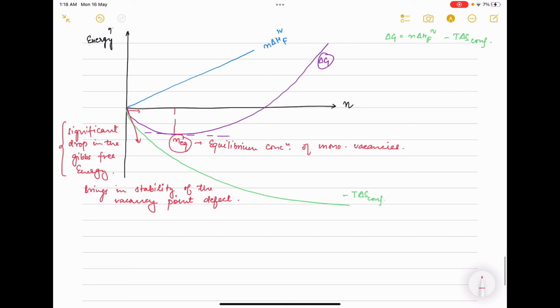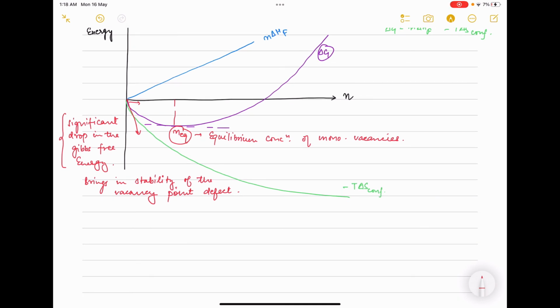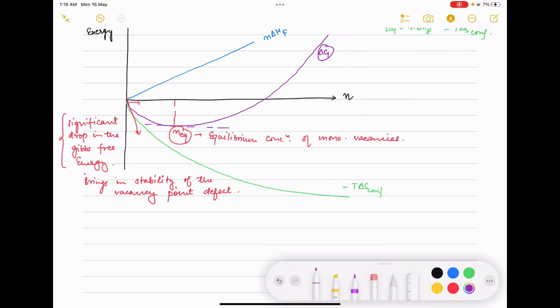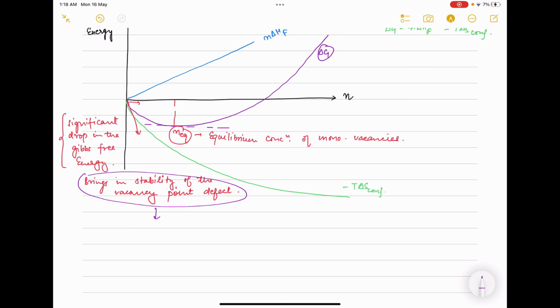That is why we term these point defects as thermodynamically stable defects.